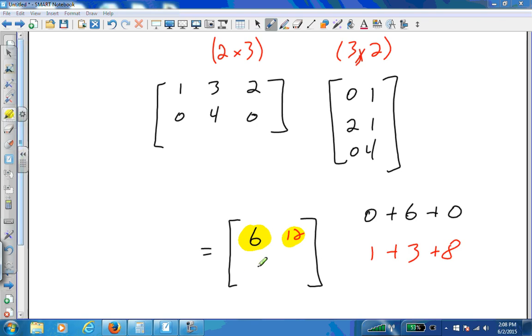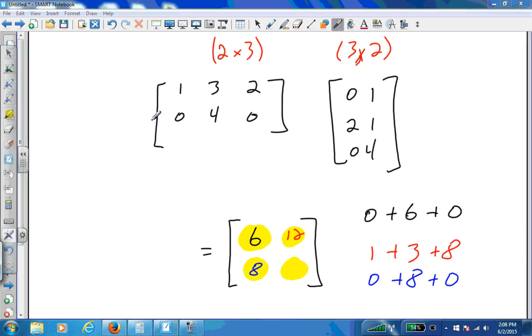For row 2, column 1, we'll take row 2 times column 1, 0 times 0, 4 times 2, 0 times 0. So we'll get 8. And then lastly, row 2, column 2 position.